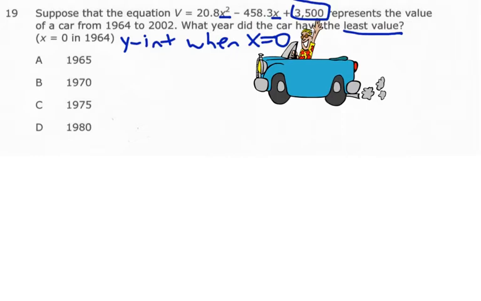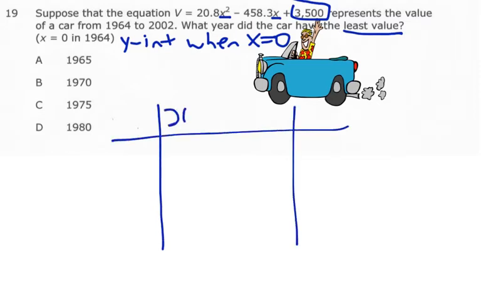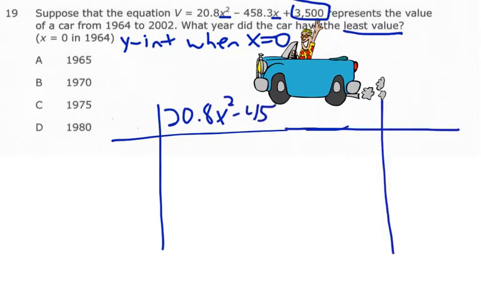The first way is without a calculator. Without a calculator you can just make a table, and in your table we'd have 20.8x squared minus 458.3x plus 3,500, and then we have our x and our y over here.